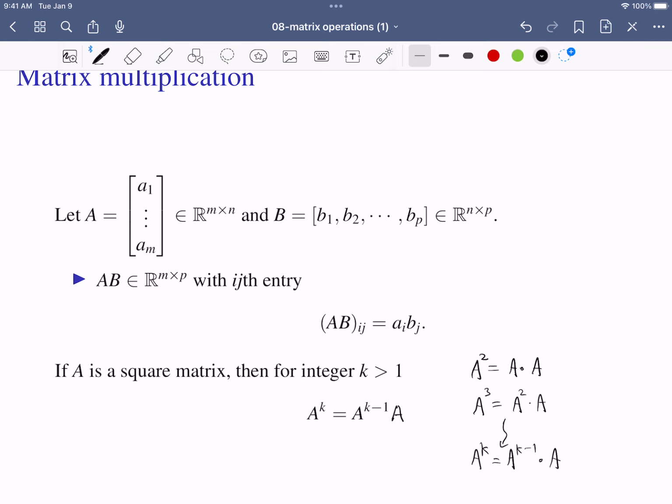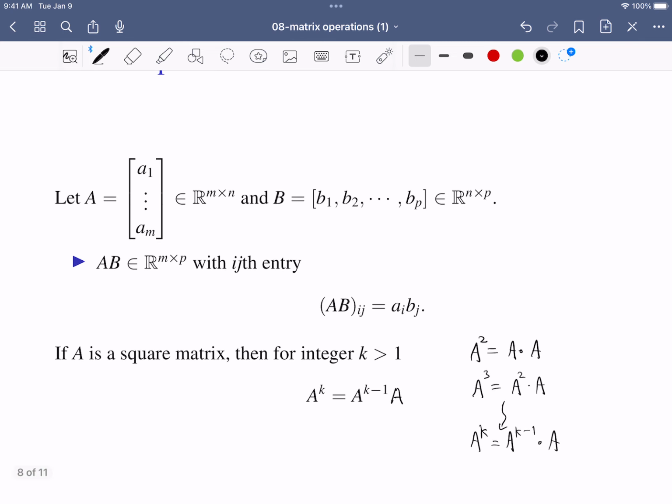All right, the definition itself, just by looking at this, it's not that clear. We have to have some exercise to get familiar with this operation. But one thing I want to emphasize is, given two matrices, when you are asked to do multiplication, the first thing is to identify if they are multiplicable or not.